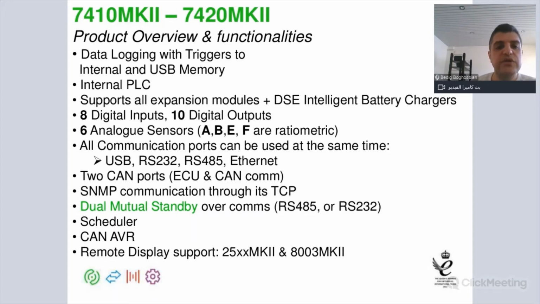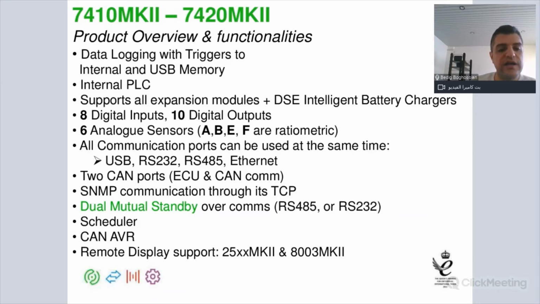But with an external memory, you can extend that up to 16 gigabytes. It has internal PLC, obviously, so it has all the same features as the 73, but then it has 4 ratiometric inputs. Again, it has 6 analog sensor inputs, but 4 of them are ratiometric for various sensors, such as current variable or voltage variable.